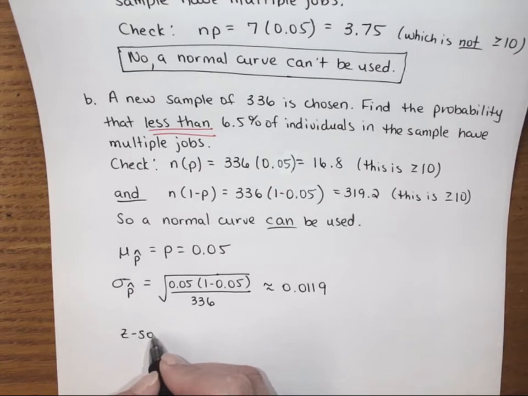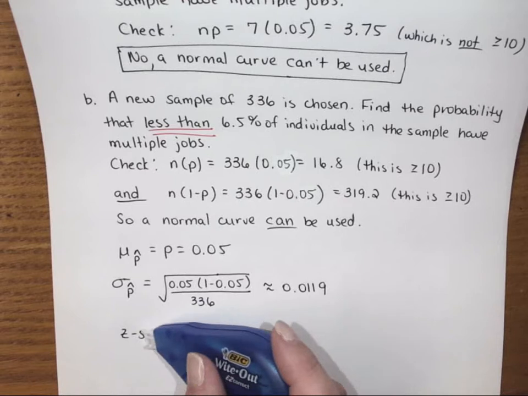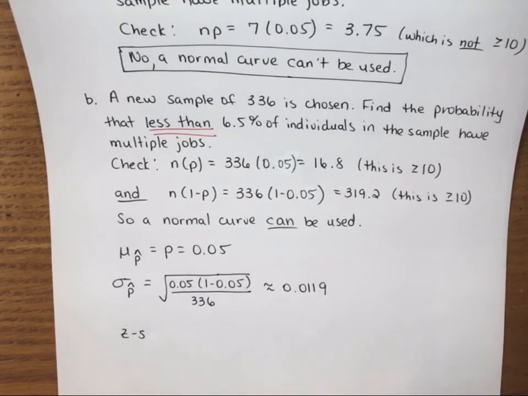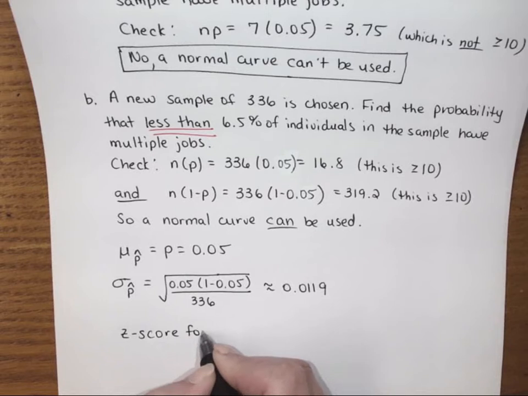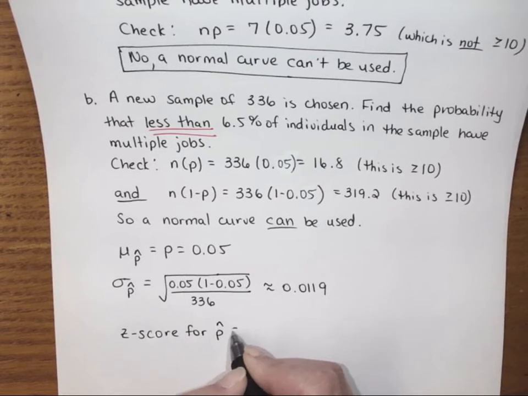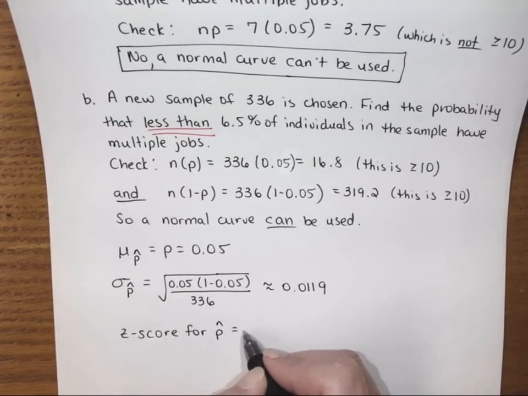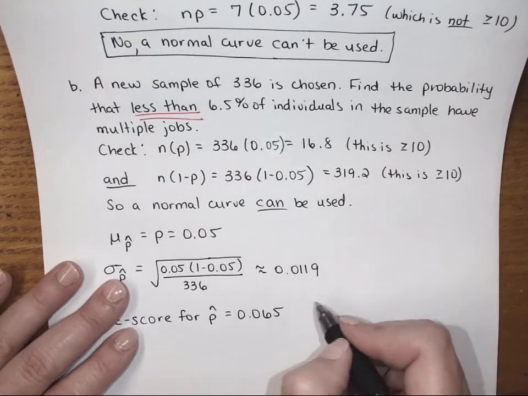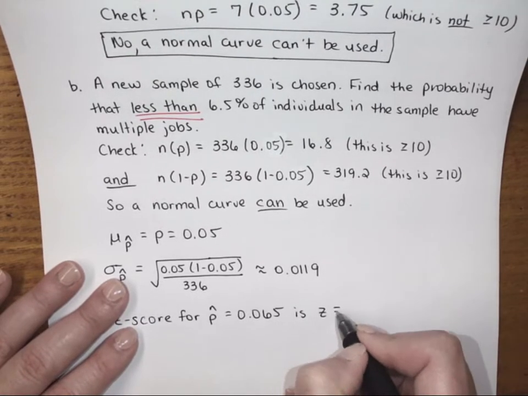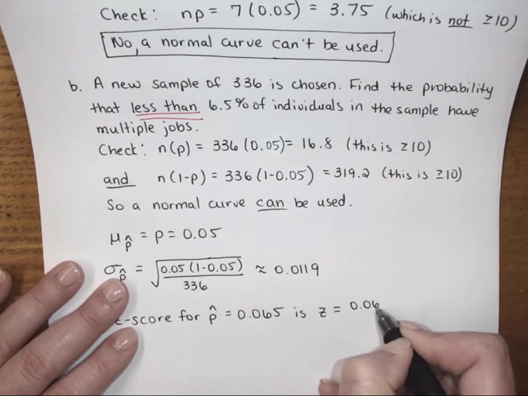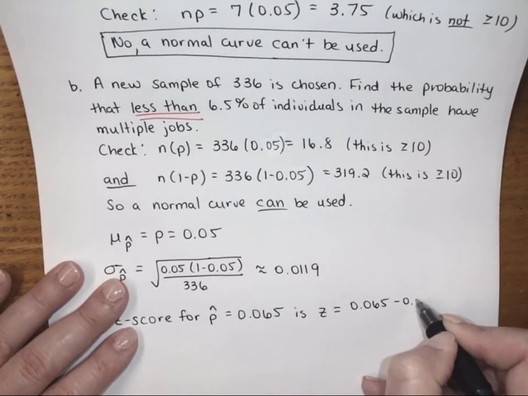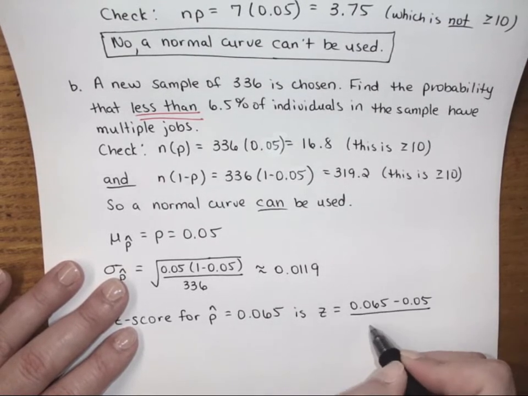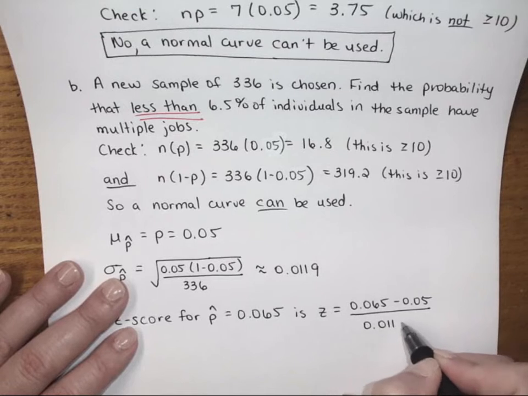So first let's find the z-score. So the z-score for p hat equaling 0.65 or less is going to be z equals the value we're trying to test minus the value we were given, and then over the standard deviation we just found.